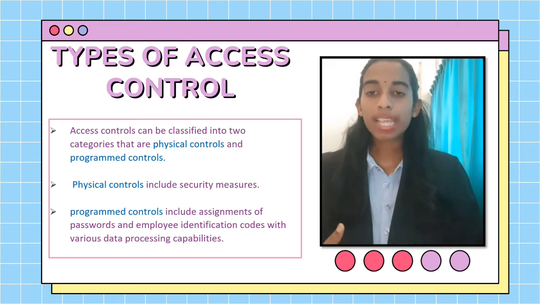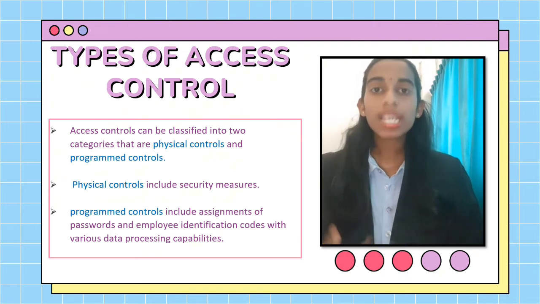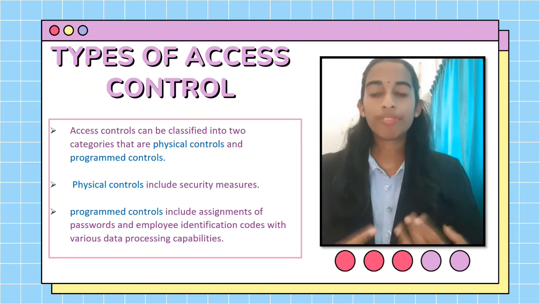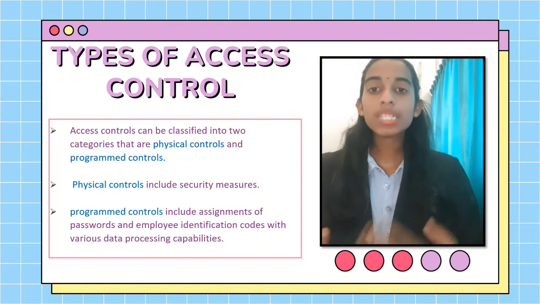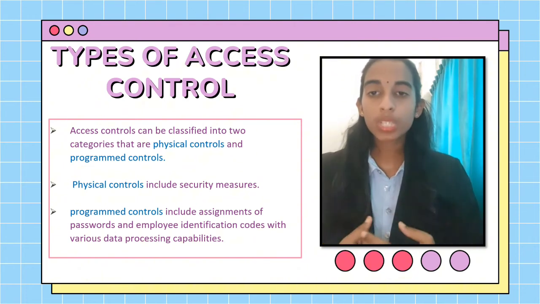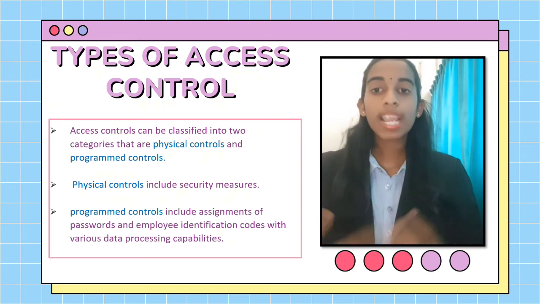Finally, let me explain the program control. It includes assignment of passwords and employee identification codes with various data processing capabilities. For example, personnel of the receiving department could be assigned a password that enables them to access the purchase order file and the vendor delivery notice file.